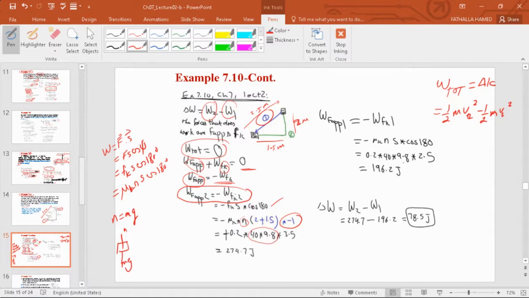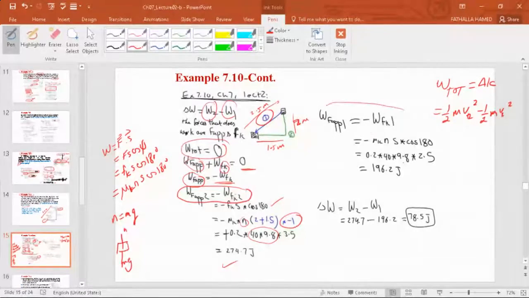We can do 2 and then 1.5, so we're just adding both of them. You can do it this way and that way, but you can add them up. So it's 3.5. Minus times minus will give you 1. And this gives you 274.7 joules. That's the work that you do against friction to go on path 2.